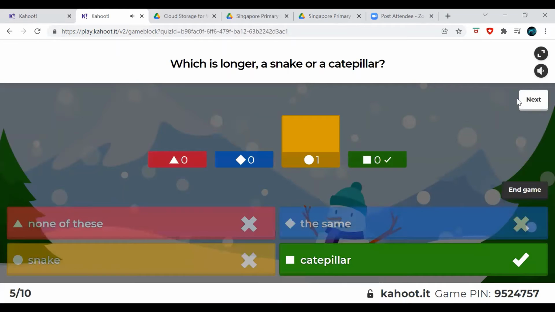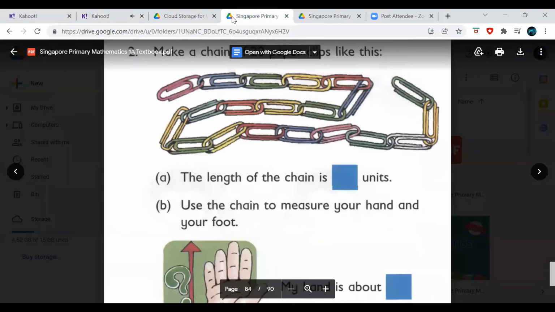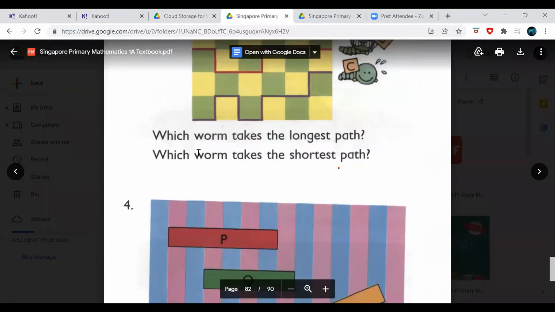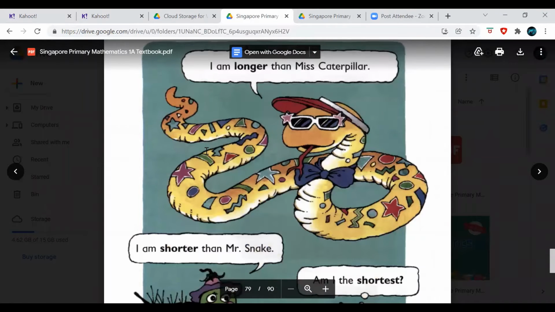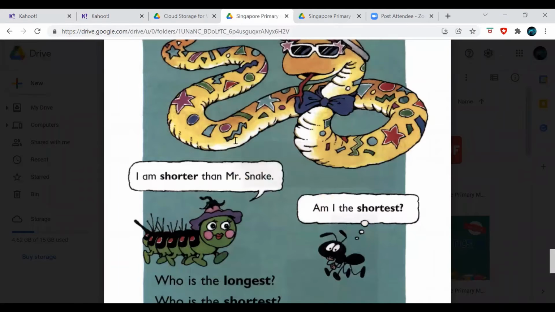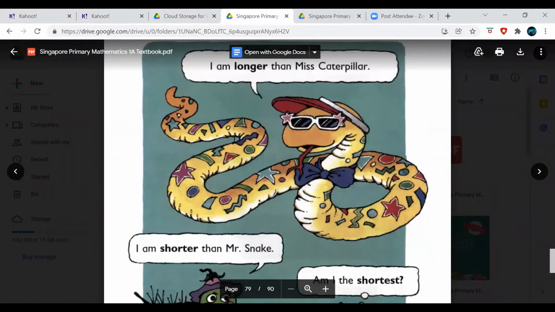Okay. If we look back at this example, you can see that a snake is bigger than a caterpillar. So it means that it is longer.